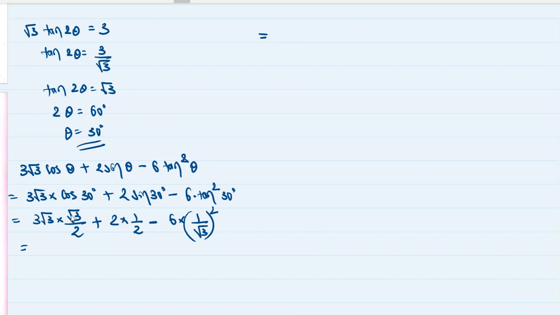So we have 3 root 3 times root 3. So that is 3 3s are 9 by 2. This 2 will get cut. We get plus 1 minus 6 times 1 by 3, which is 2. So 9 by 2 plus 1 minus 2. So 9 by 2 minus 1.